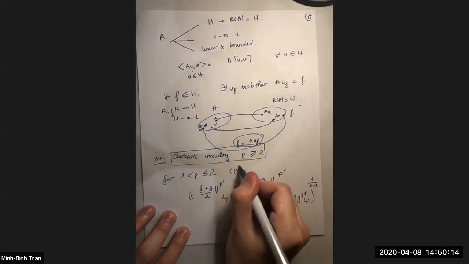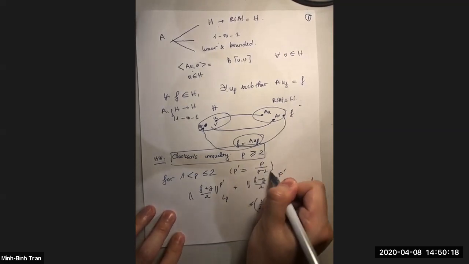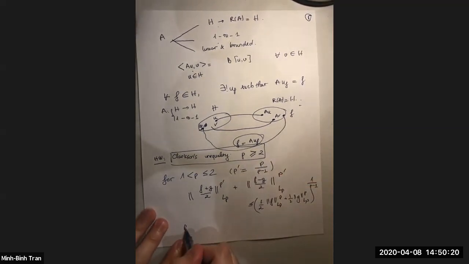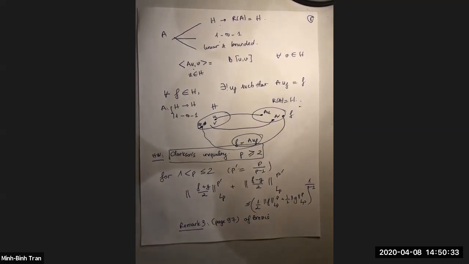So p prime is the dual of p, right? This is remark 3 in page 97 of Basis. And the due date will be next Friday.